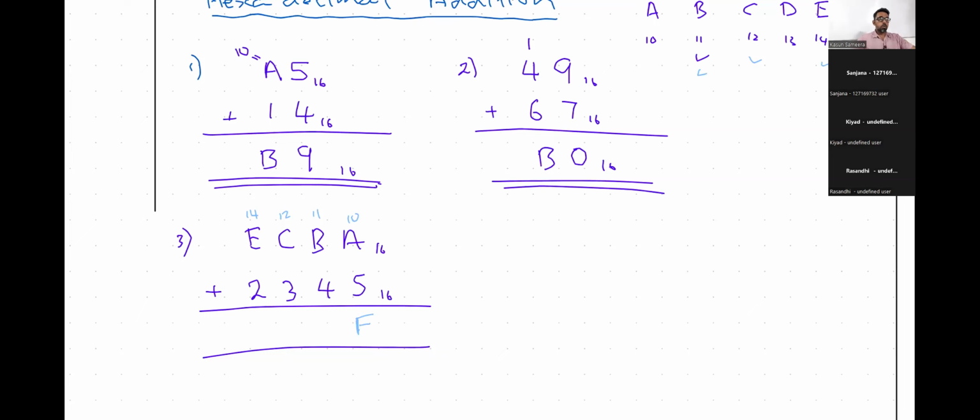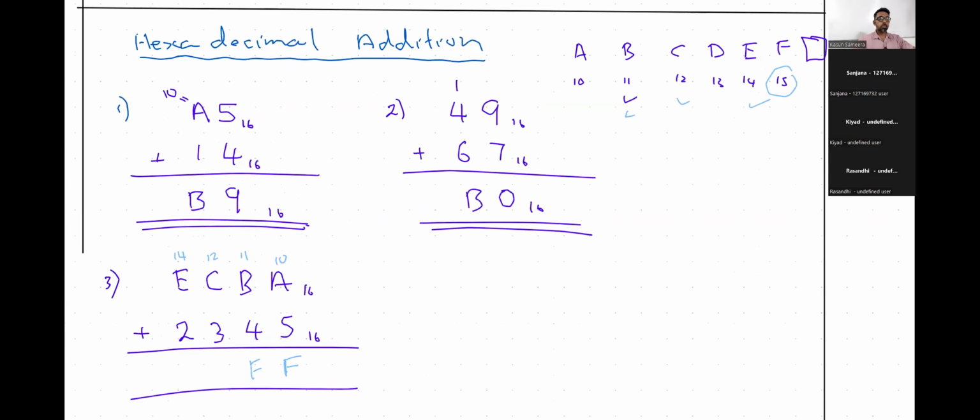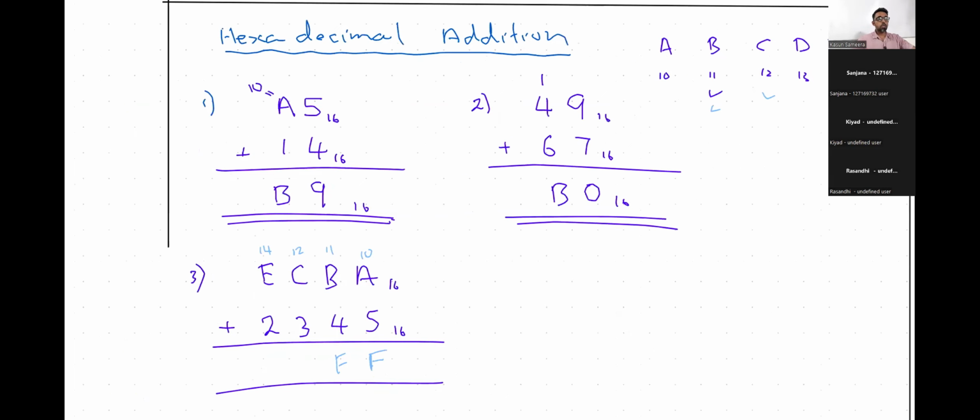11 plus 4 is also 15. Okay, F. If you are finished, send me the answers. 12 plus 3 is 15. Okay, 15 means what? F. You can represent 15. 14 plus 2, 16.